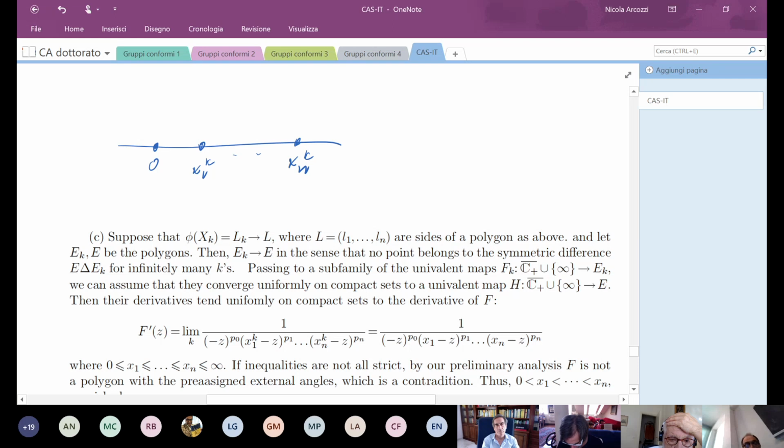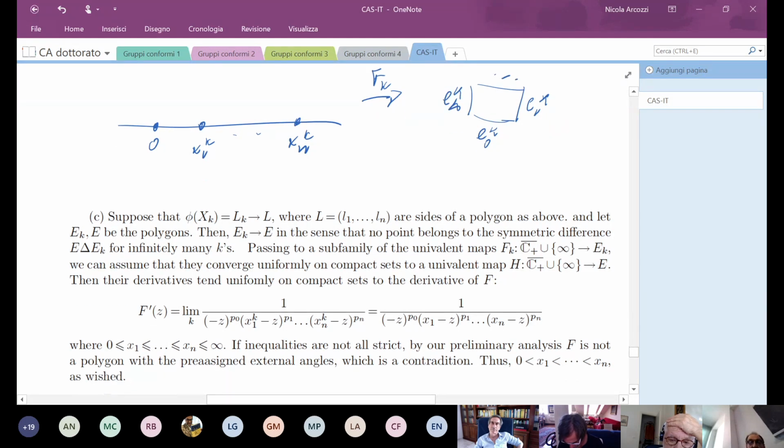Okay, so for a sequence of k's, for k from 1 to infinity, I have these choices of points, and suppose that given this map f, which depends on k, of course, I go to polygons with sides L0k, L1k, up to L infinity k.